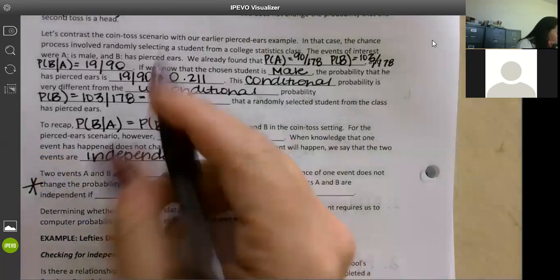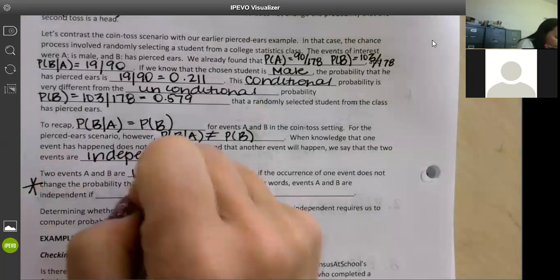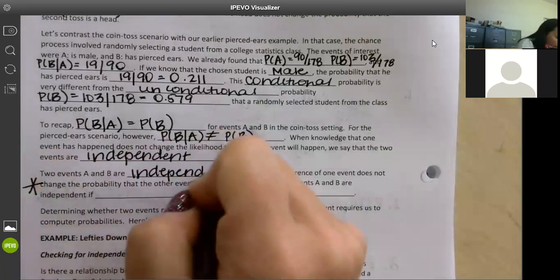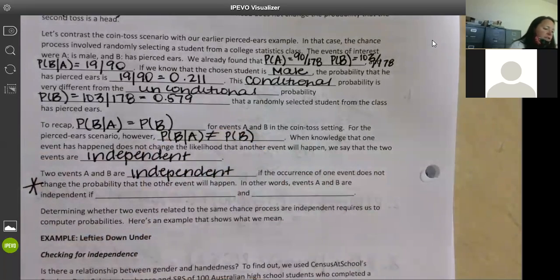So two events, A and B, are independent if the occurrence of one event does not change the probability that the other event will happen.